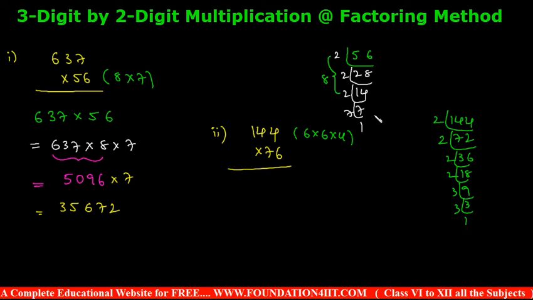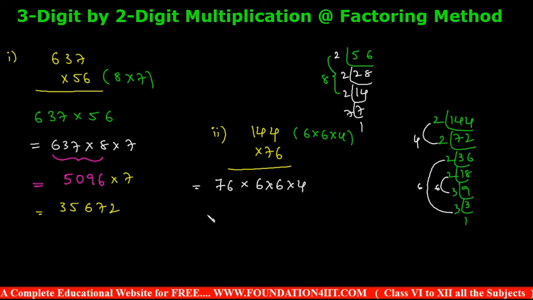So make it into single digits instead of so many factors. Just 3 into 2 is 6, 3 into 2 is 6, 2 into 2 is 4. Whatever number is given, make it into a product of single digits, then you can multiply. So 76 into 6 into 6 into 4 is the answer.